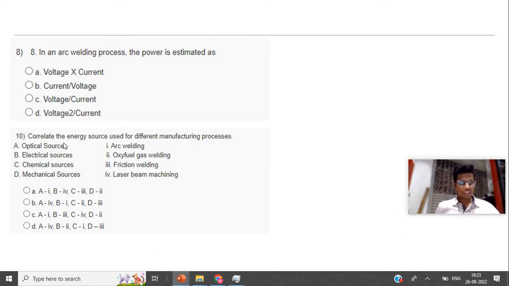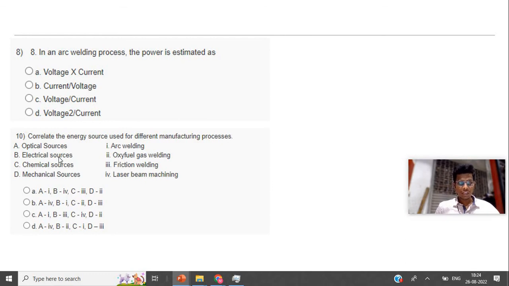In the tenth question, correlate the energy source used for different manufacturing processes: optical sources, electrical sources, chemical sources, and mechanical sources. Electrical sources means, as I just explained, gas metal arc welding, gas tungsten arc welding, and submerged arc welding, where an arc is there.